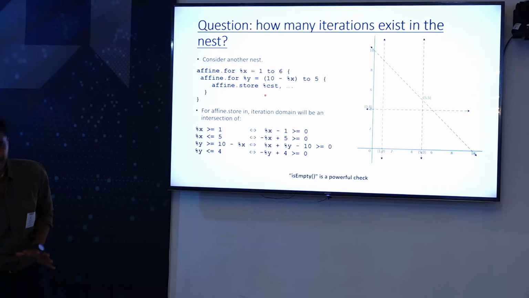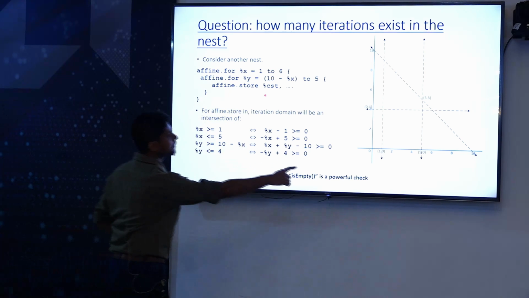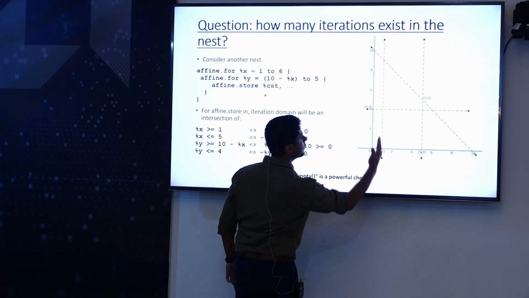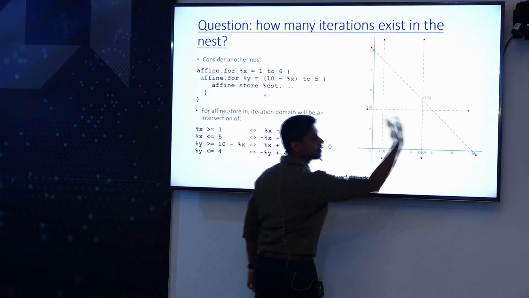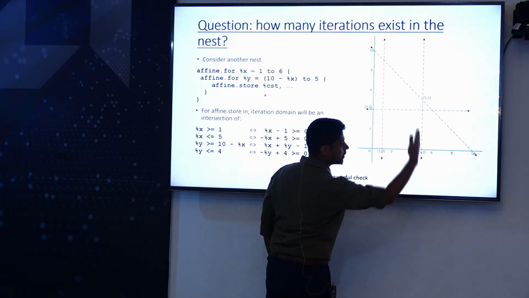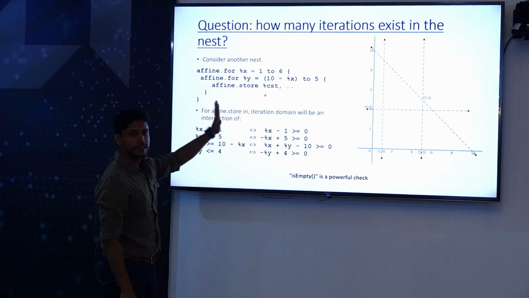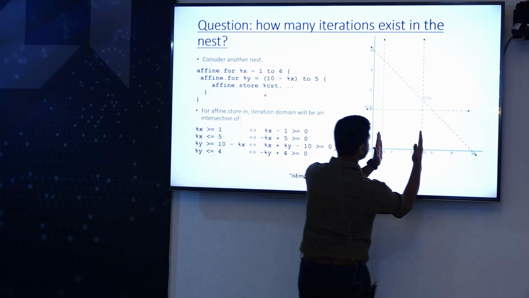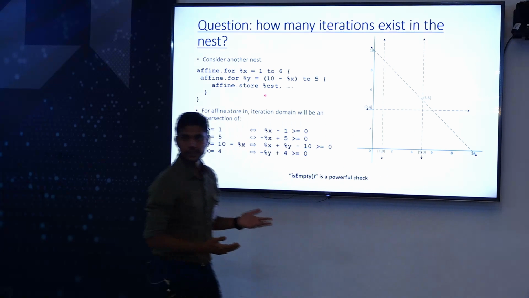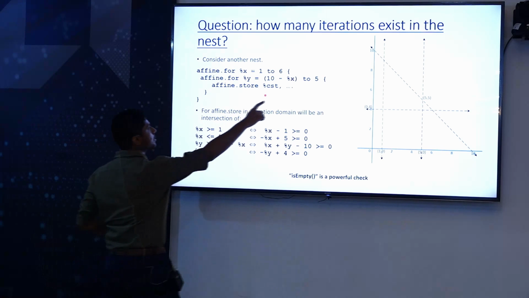So I want to introduce a slightly more complicated one to drive home the point why we need it. This 1 to 6 is there, so this is visible. Every point should lie on this side of this line, including this line, and on this side. So the constraints on x are clear, right? It should be between these two. That's clear? Now affine y, that's interesting. Let's go to the upper bound.